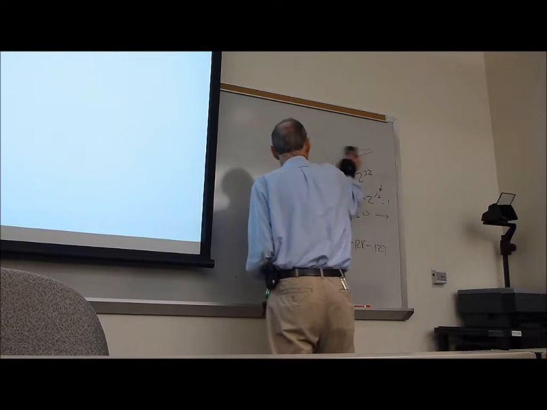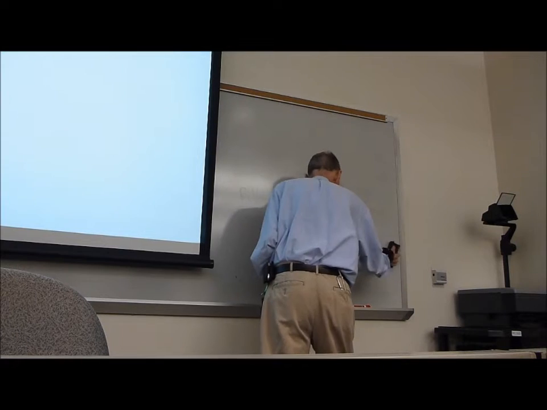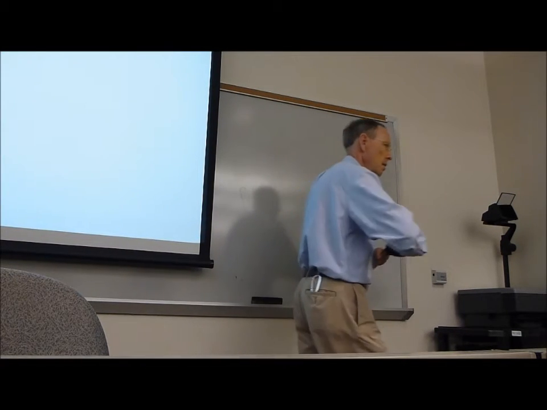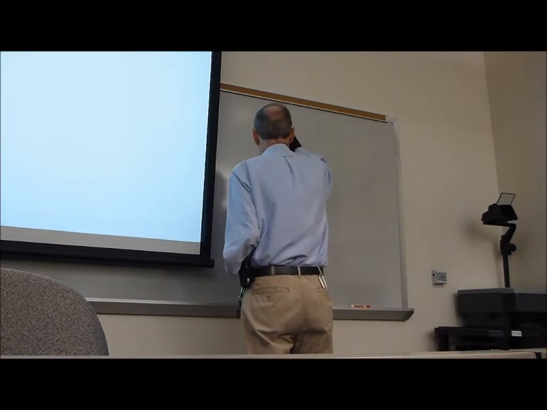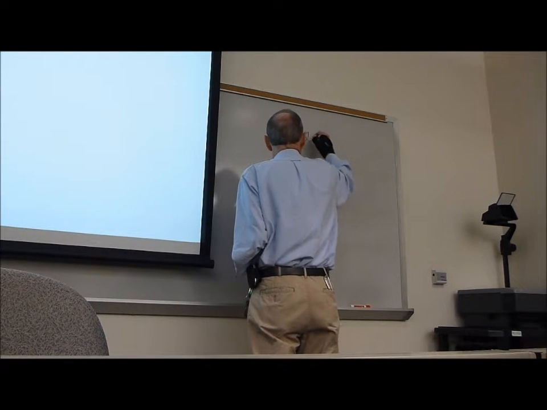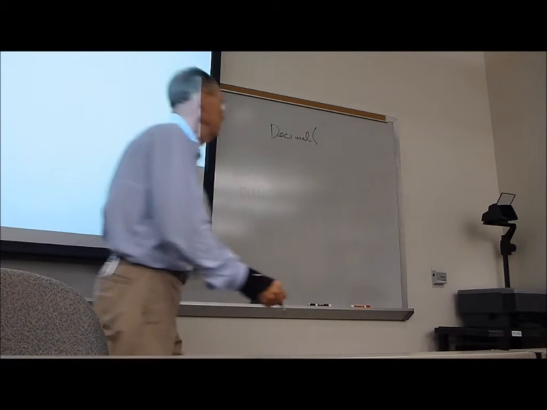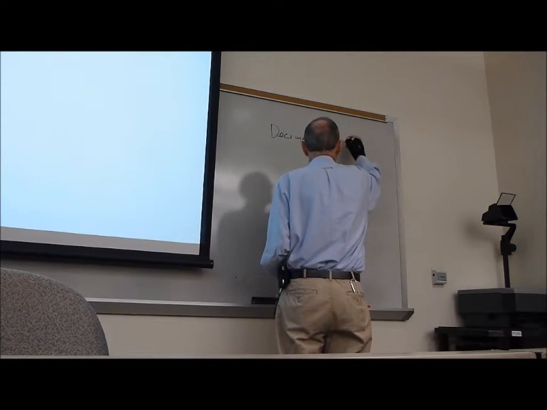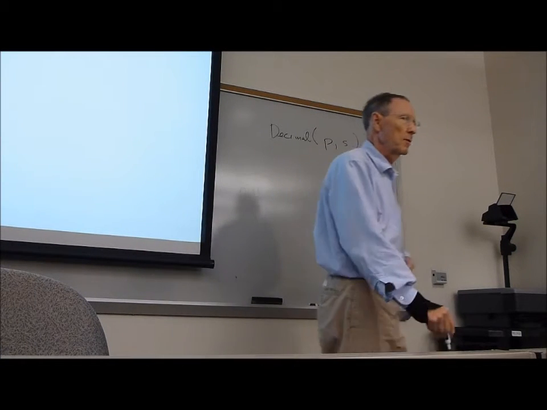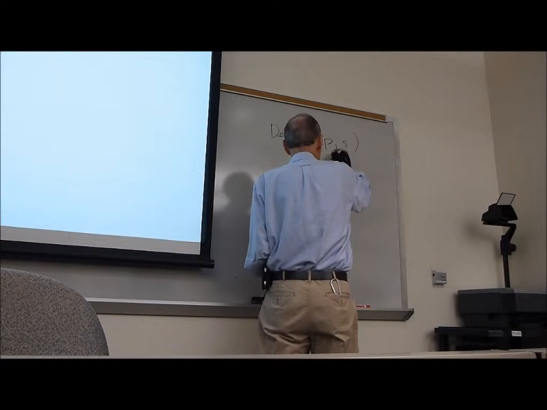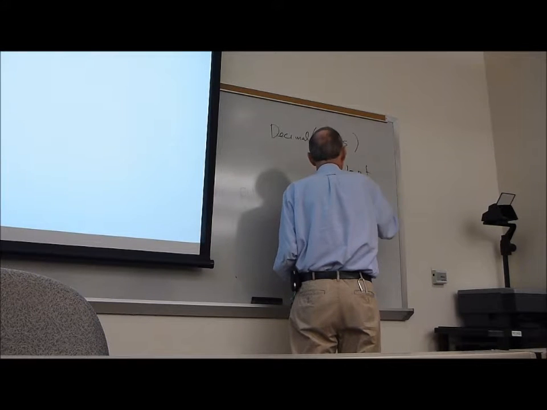Now, the way the decimal works, so that you understand that, is it has two fields. It has what's called the precision, which is kind of a misnomer, and the scale, which means the number of decimals. What precision means is the number of digits of representation.